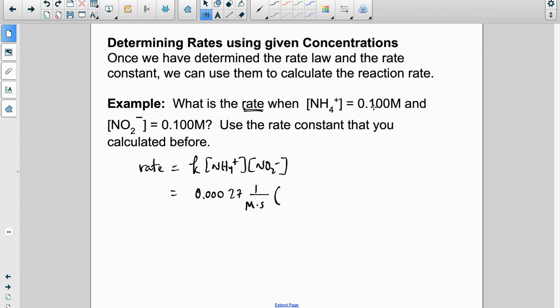We'll put in these values for our concentrations: 0.100 molar times 0.100 molar, and solve for the rate. So when we plug that into our calculator, we get 2.7 times 10 to the minus 6th molarity per second.